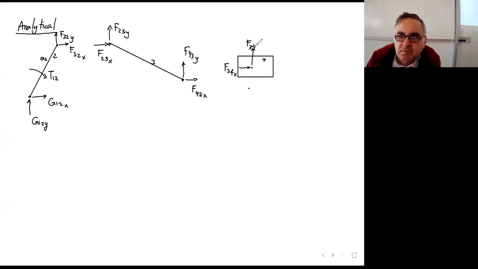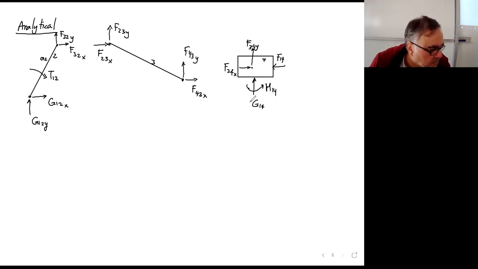What else? F14, the external force, and then the reaction forces G14. Okay. This is point A, this is point B. So these are the forces.